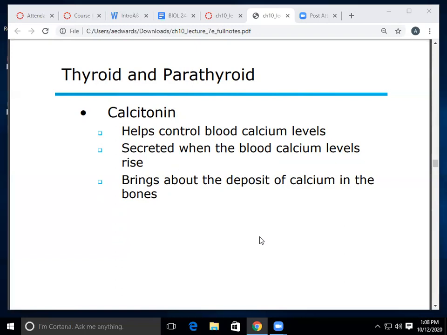It gets secreted when your blood calcium levels get too high. And it basically results in depositing of calcium in your bones. So I like to say that calcitonin tones down your blood calcium. It helps me remember its effect. So in order to lower the blood calcium levels, you have to find ways to get it out of the bloodstream. One of those ways is by taking that calcium, putting it in your bone.